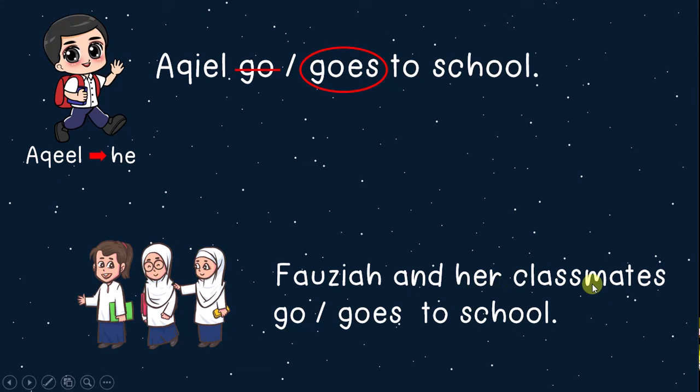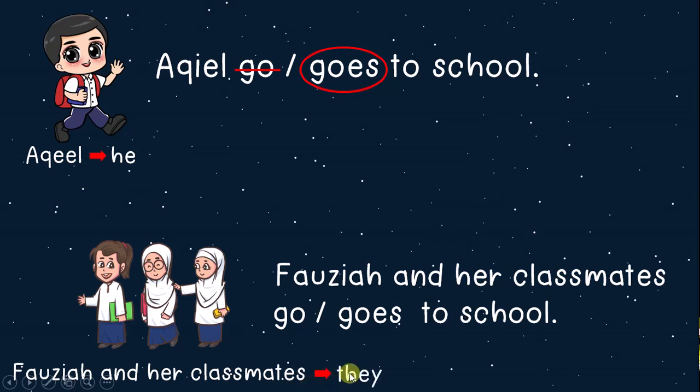Alright, next. Fauzia and her classmates go or goes to school. So, the verb is still go or goes. The subject, pelaku dia, orang yang buat adalah Fauzia and her classmates. What is the pronoun for Fauzia and her classmates? Apa kata ganti nama untuk Fauzia and her classmates? It should be they.